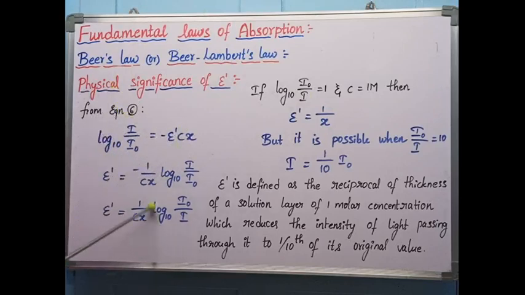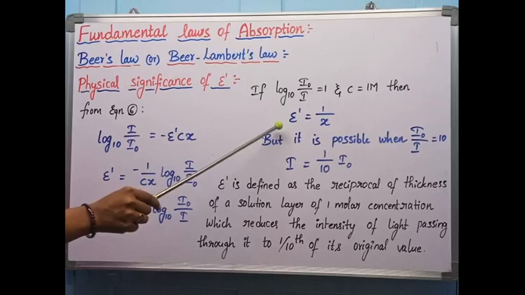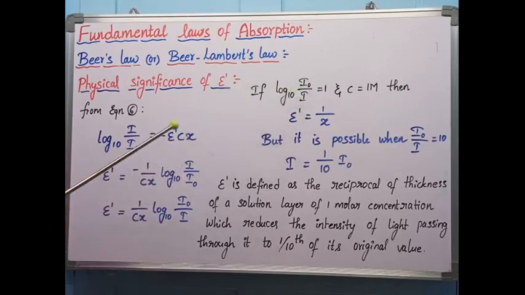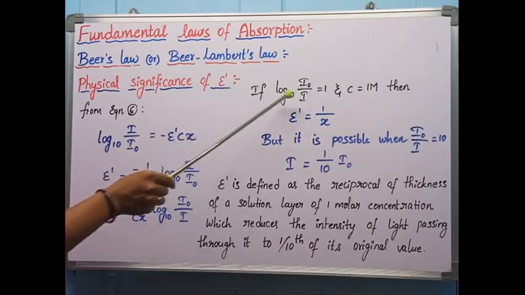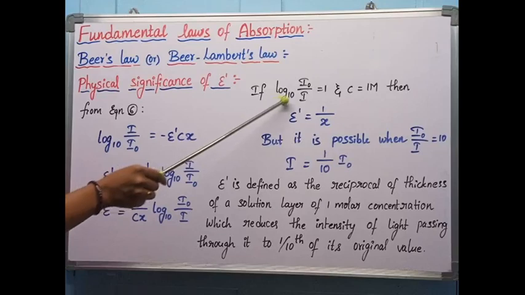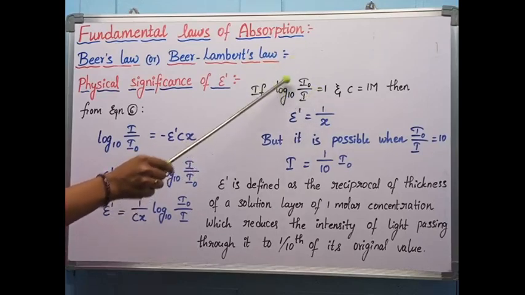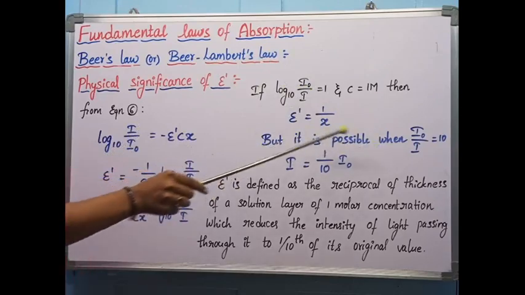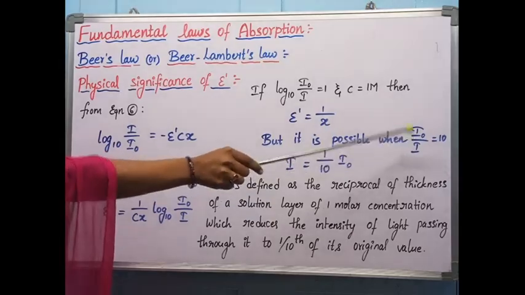So if log 10 I naught by I is 1 and concentration is 1 molar, then you will get the epsilon dash value as 1 by x. But when is it possible? When I naught by I is equal to 10, then only you will get the value 1, because log 10 base 10 is 1.